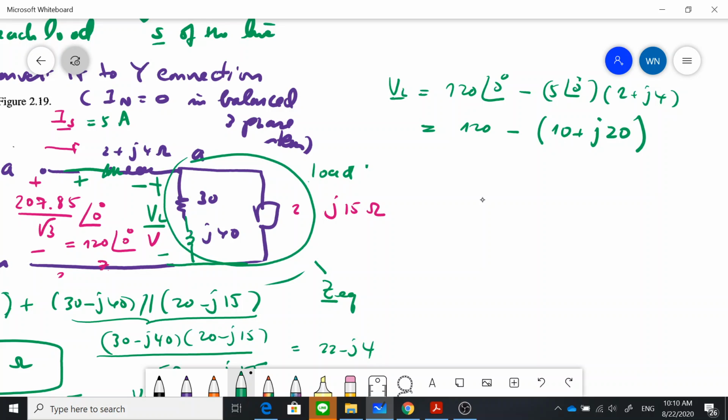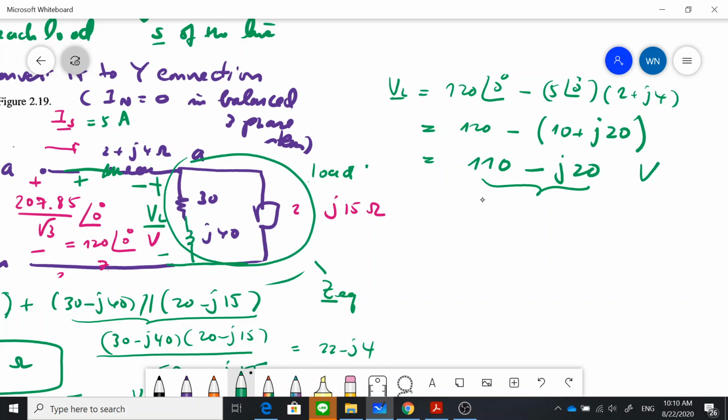Now that becomes 110 minus J20. So, as I said earlier, you have to convert this into the polar form. Let's do this yourself.